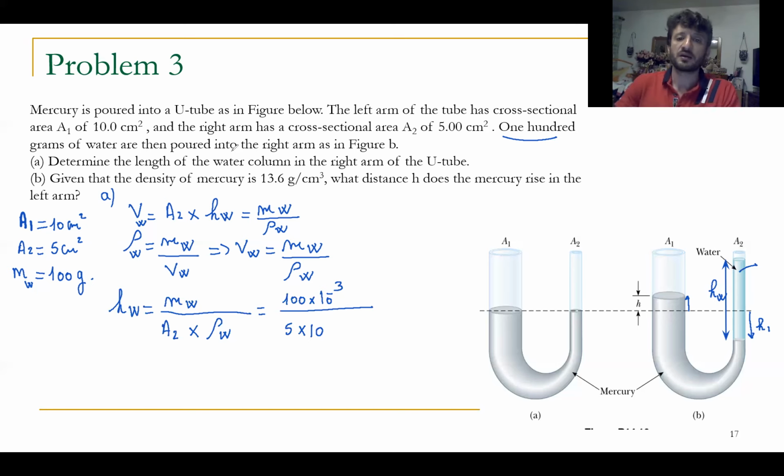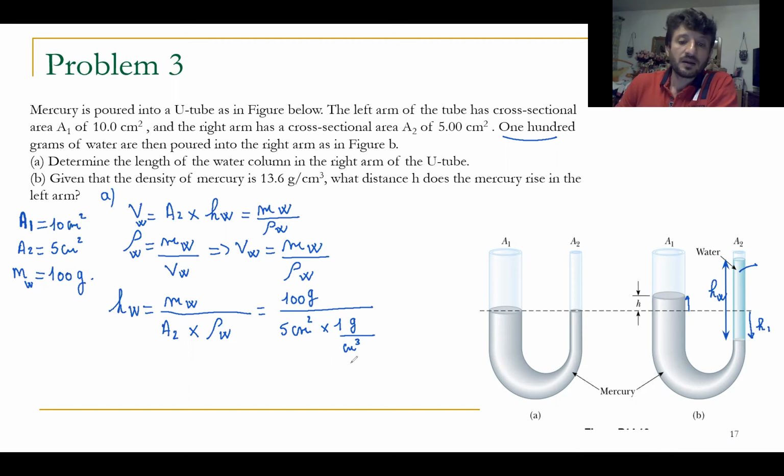If you want, we can put it like this: the mass of water equals 100 gram divided by A2 equals 5 centimeter square times the density of water equals 1 gram per centimeter cube.